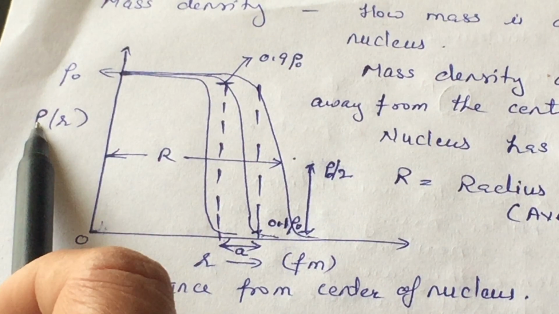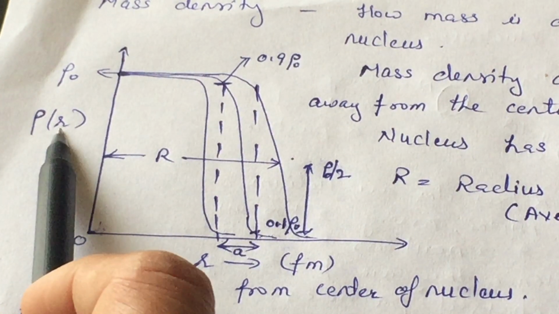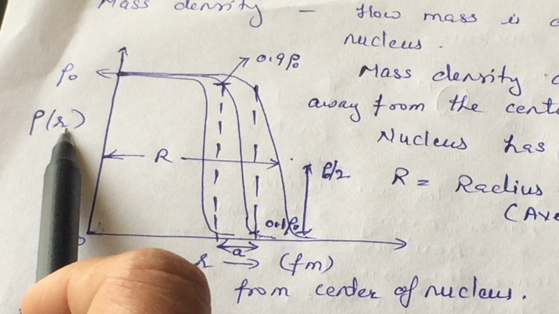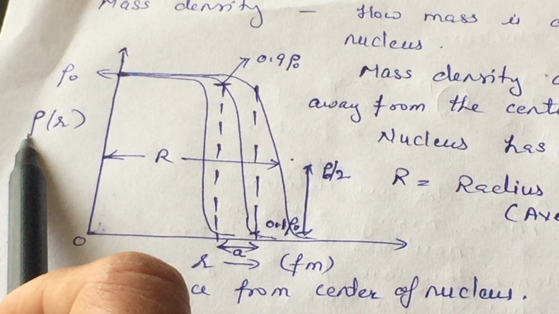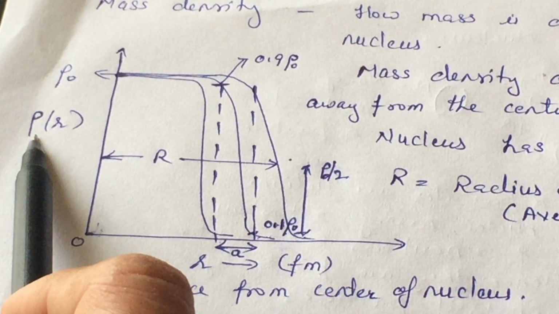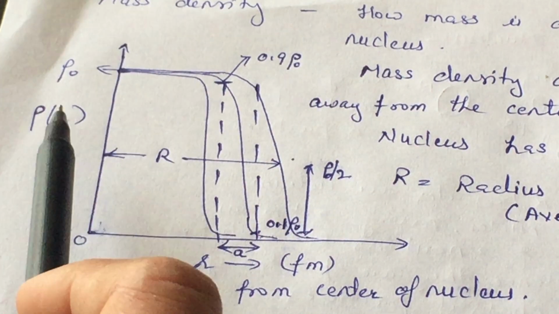Here we are representing the density as rho of r, a function of the distance from the center of the nucleus, and rho is mass per unit volume. We know the nucleus is a sphere, so the volume is V equals 4 by 3 pi r cubed.